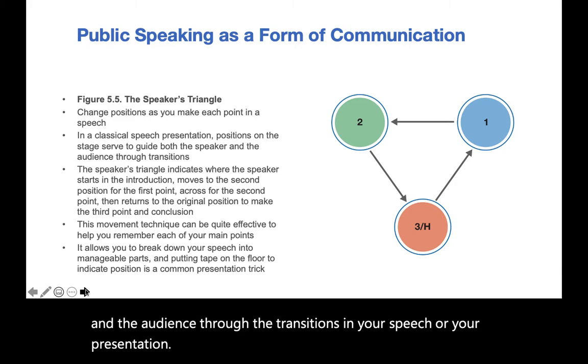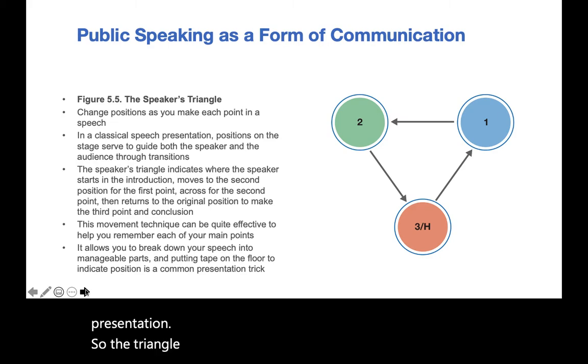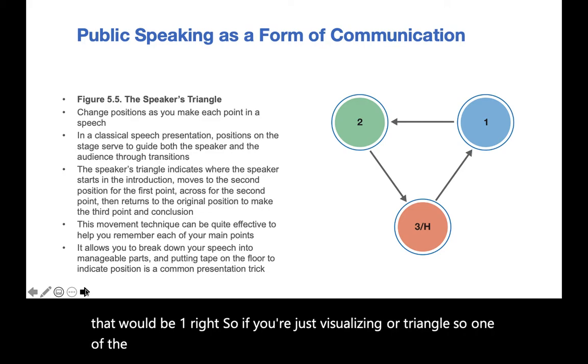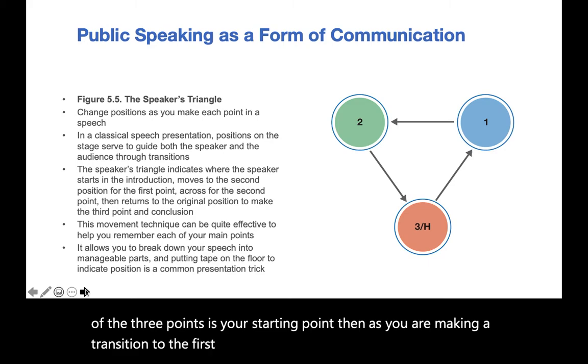So the triangle indicates where you would start in the introduction. That would be number 1, right? So if you're just visualizing a triangle, one of the 3 points is your starting point. Then as you are making a transition to the first point from your introduction, you move to the second point.